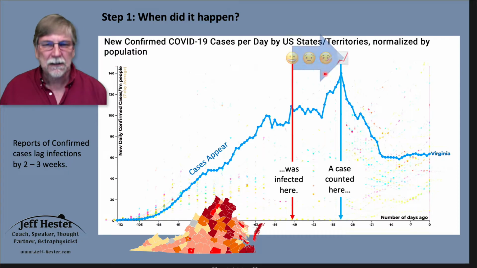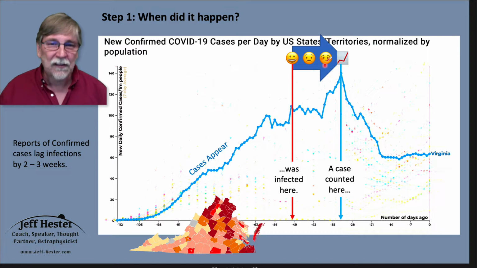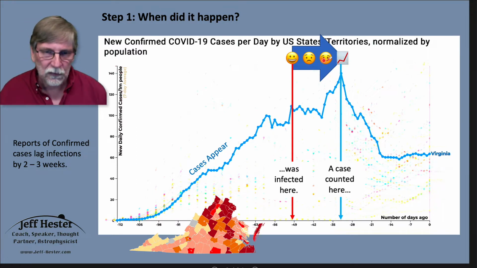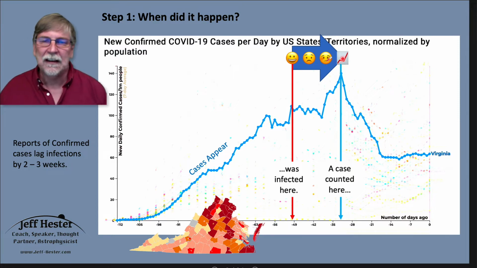That gap is typically 2.5, 3 weeks, because that's how long it typically takes to become infected, get to the point that you start to become symptomatic, get to the point that you feel bad enough that you need to go to the hospital, get tested, have the test done, get the results back. Finally, those start to show up in the daily statistics. So today's numbers are telling you about what was going on ballpark 2.5 weeks ago.